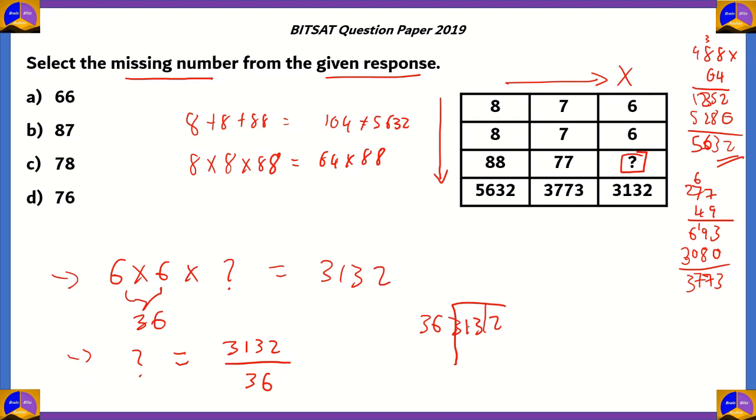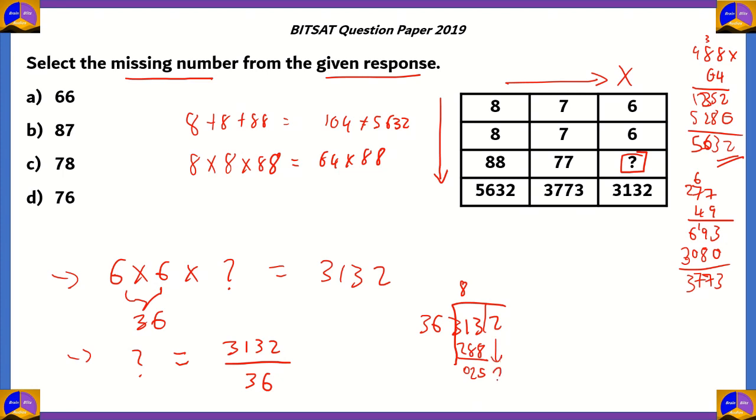So 31 is not divisible by 36, so we'll take 313. So 36 times 10 is 360, 36 times 9 is 324, so we'll take 36 times 8, which is 288. 13 minus 8 gives you 5. 10 minus 8 gives you 2. 2 minus 2 gives you 0.